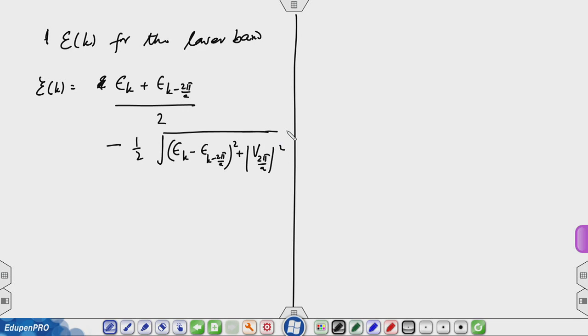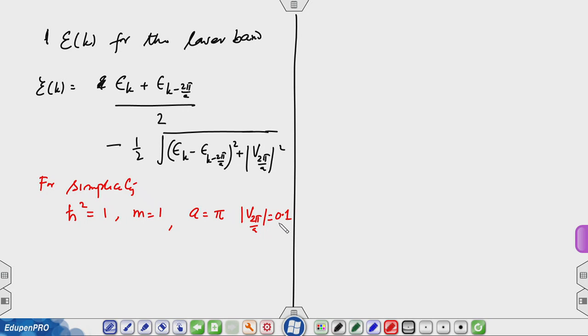Let us just work it out for certain values. So, let us take for simplicity h cross square equals 1, m equals 1, a equals pi, and mod v 2 pi by a equals 0.1.